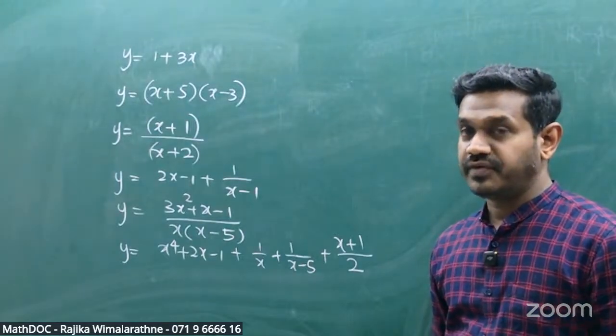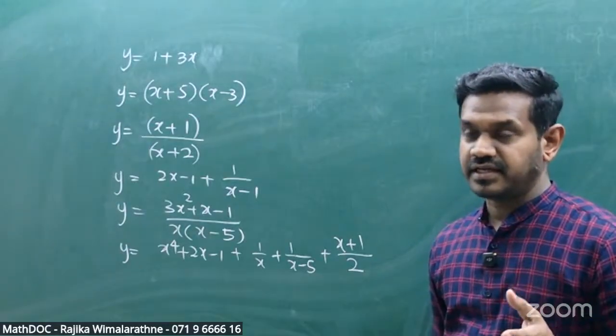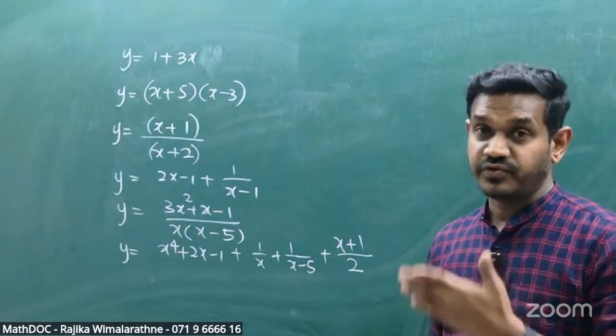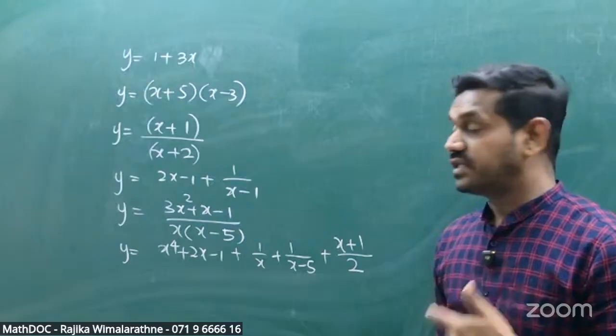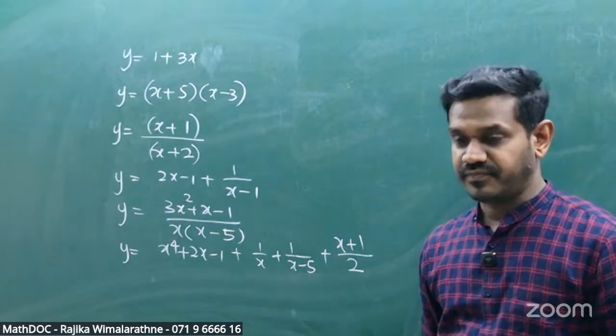First, you identify the function. If the function is polynomial, then the domain is the real set. If the function is rational, then you have to think about removing denominator zeros, then remove them from the real set.